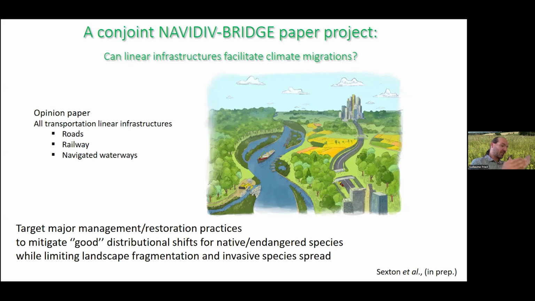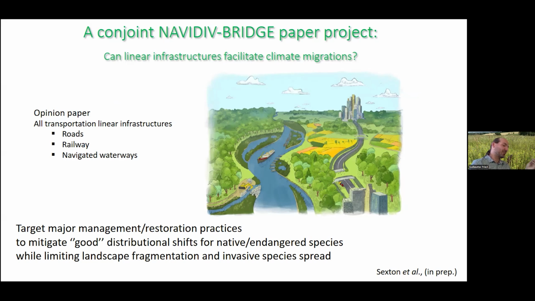And we suggest in this article that linear infrastructure could help species move in response to climate change. Because we know the limitations on species' ability to shift their range to keep track with climate change, management strategies at the landscape scale should be developed to facilitate species dispersal and climate migration.